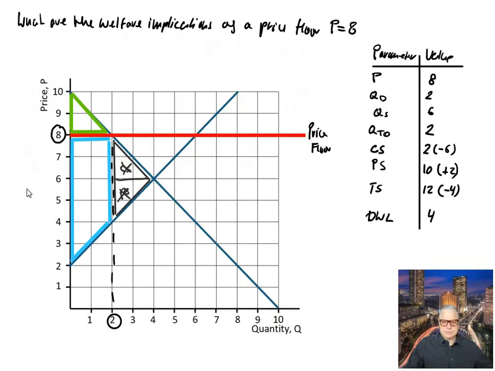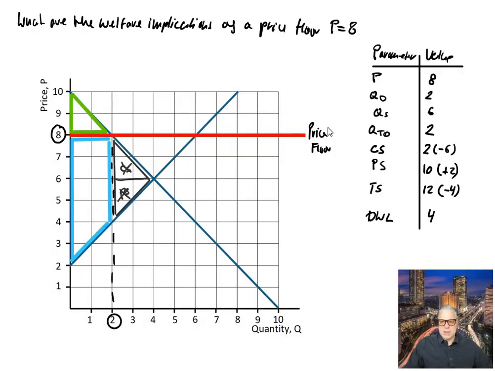because if we have, for example, a price floor, the idea is to roll over more welfare to the producers. So the objective is to increase producer surplus.